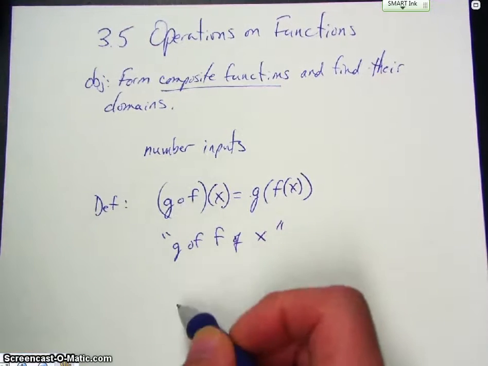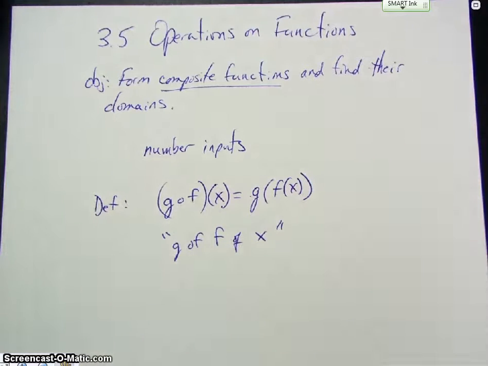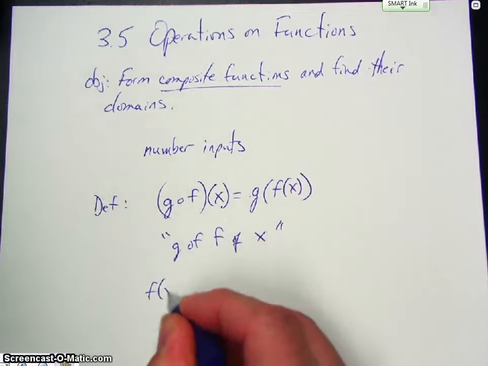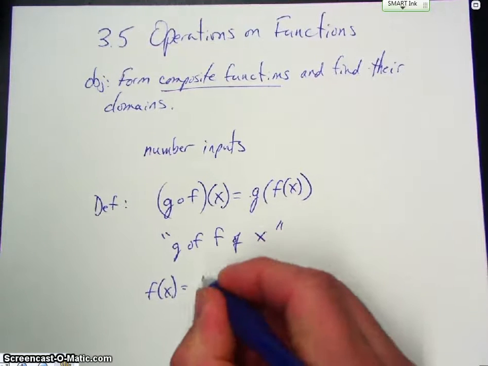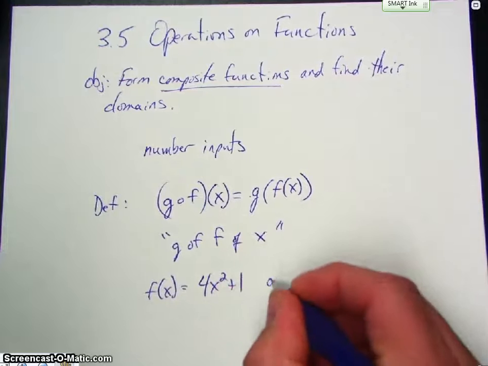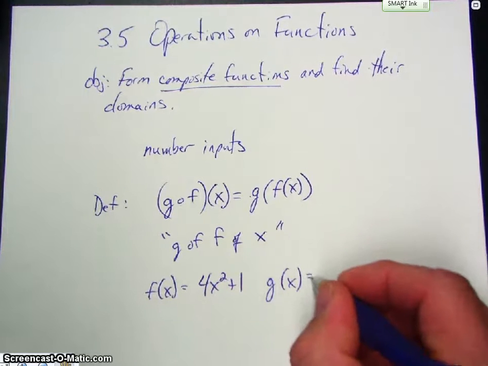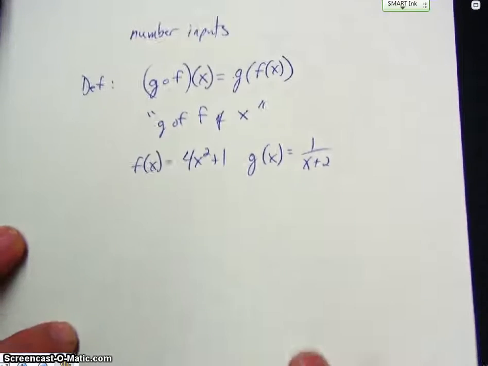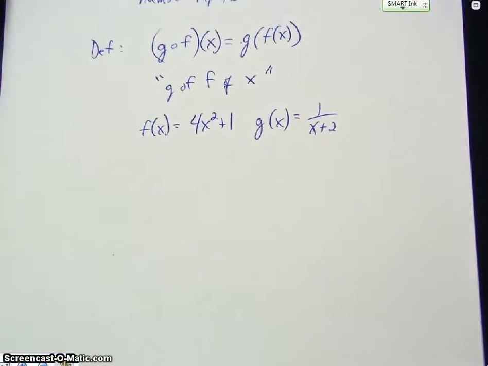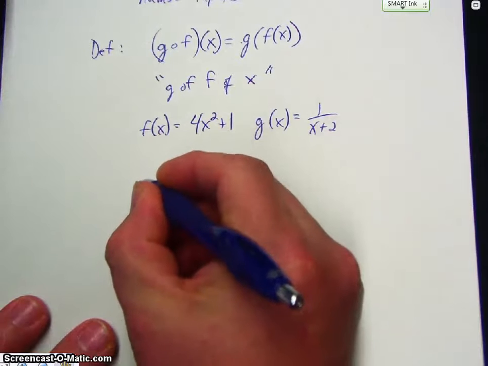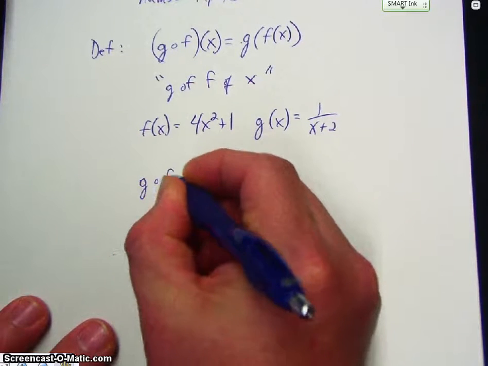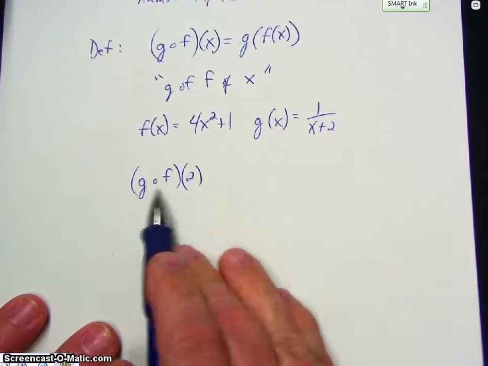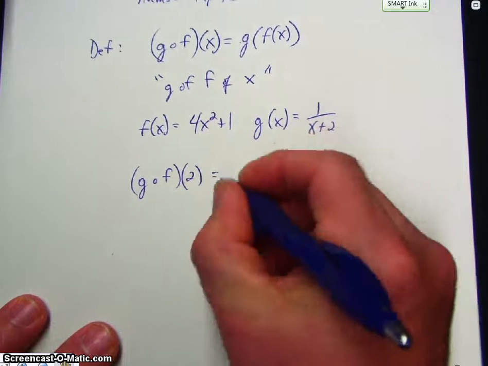All right, now, order is important. Again, to do these, you must be given, in this case, two functions. Let's say f of x is equal to 4x squared plus 1. g of x is equal to 1 over x plus 2. What we want to do is g open circle f of 2, g of f of 2, or we can write it this way.